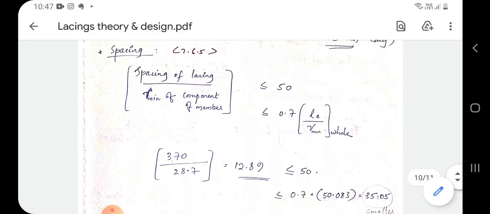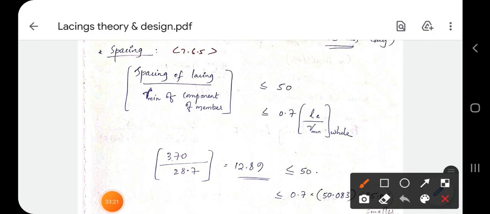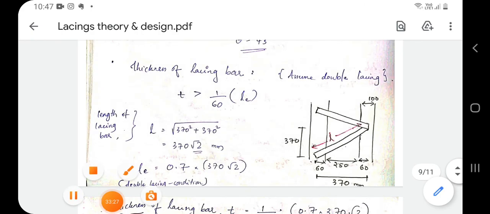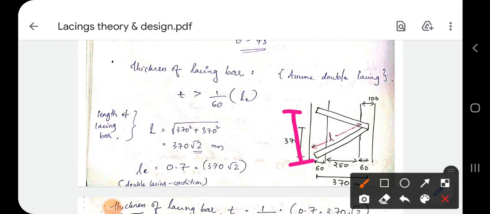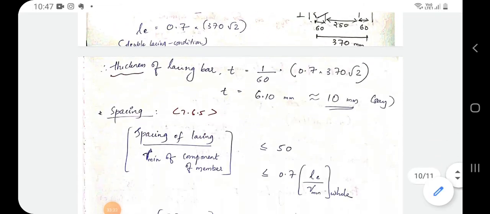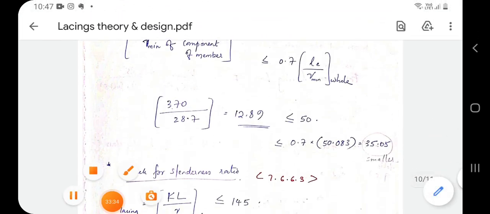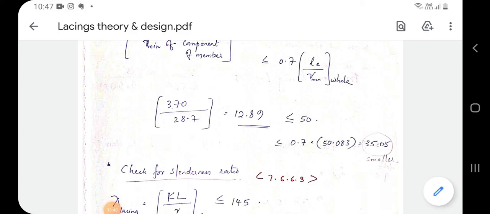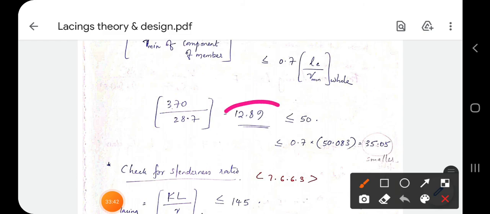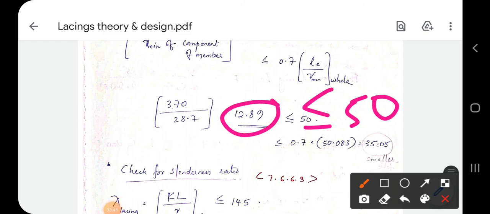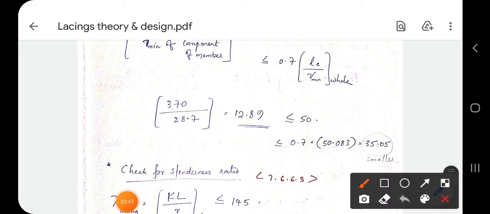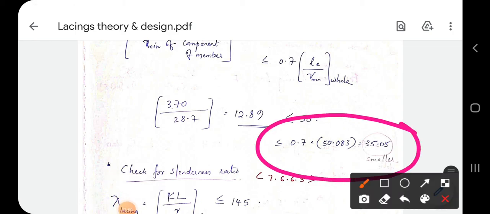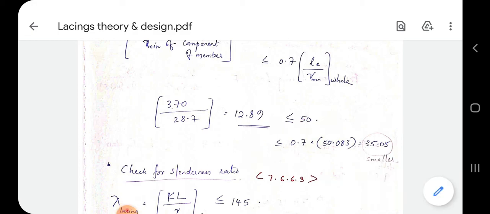Here is the difference. Spacing we have given as 370. Spacing is the vertical distance between lacing ends. This is the spacing, that is 370. So 370 by r minimum of component member, actual r minimum 28.7, it is 12.89, and it should be less than or equal to 50 or less than or equal to 0.7 times lambda whole, so it is 35.05.